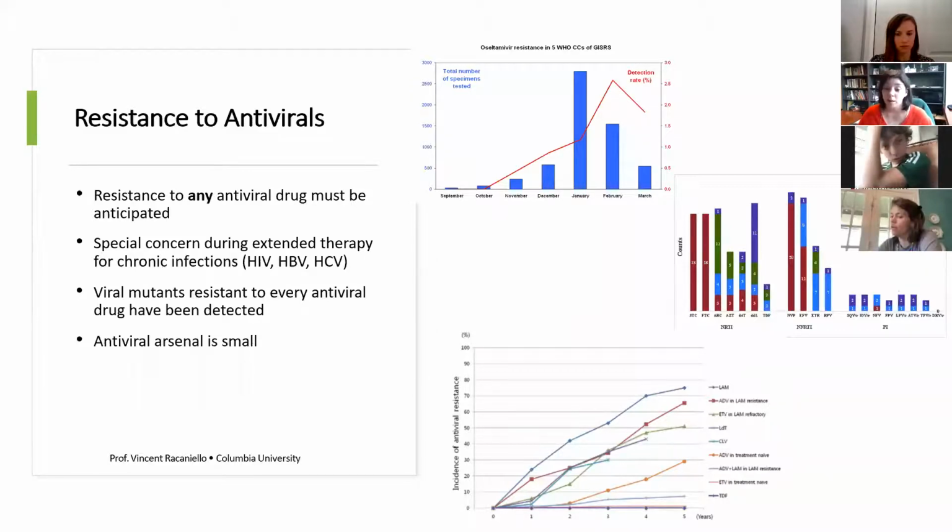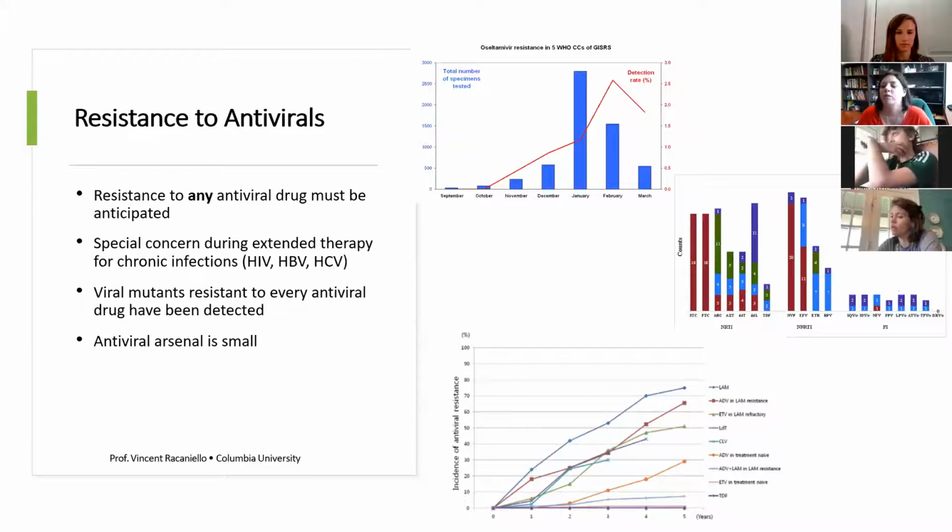If you miss a dose, virus will replicate and will produce resistant mutations just through replication error. And that's how resistance develops. If you become resistant to an antiviral, we don't have a whole lot of alternatives to give you, and so you end up just getting sick and getting the disease.